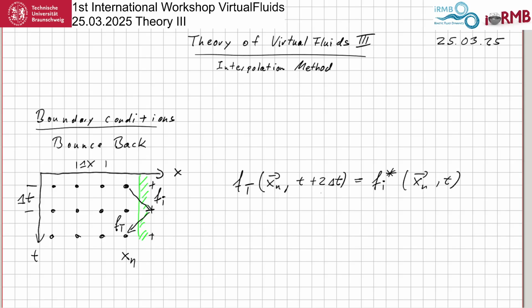And because this population spends time inside the wall, we call this delayed bounce back. There is also non-delayed bounce back, which would return just after one time step. So the non-delayed bounce back, if I may, would go here and then return there, right?